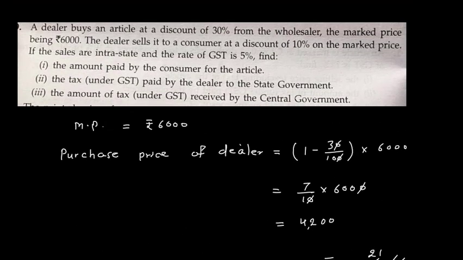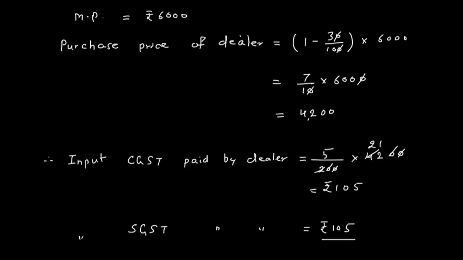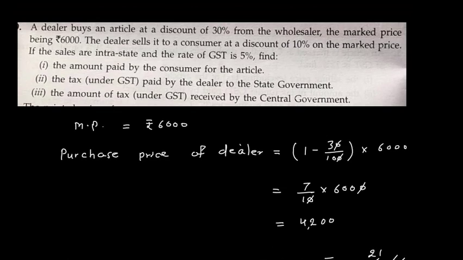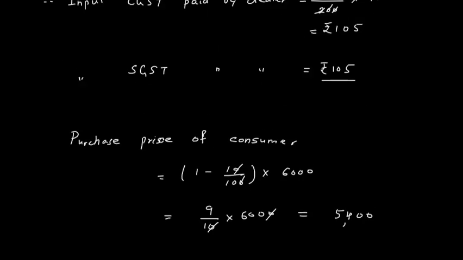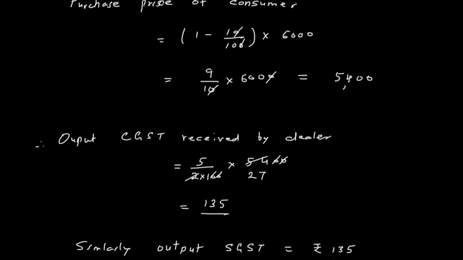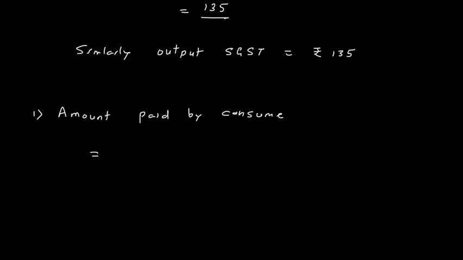The amount paid by the consumer for the article. So the first question: amount paid by the consumer. How much will the consumer pay? 5400 he will pay. 5400 is the cost after the 10% discount he received.